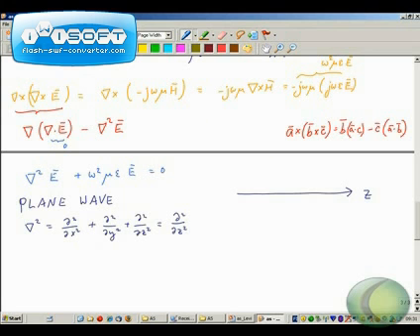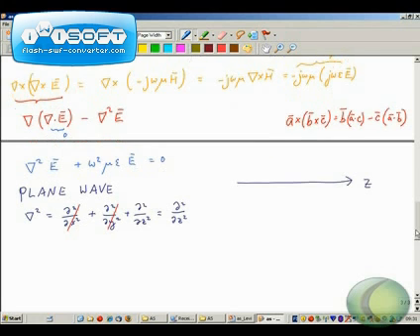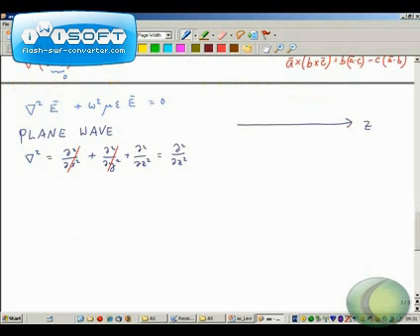Similar for y. These vanish. Okay, and then our Helmholtz equation becomes the second derivative. Let's take a total derivative in z of E, which is a function of only z, plus omega squared mu epsilon E is always 0.